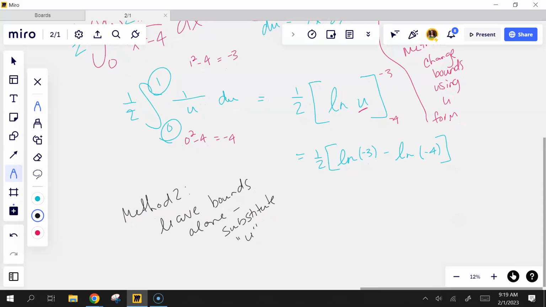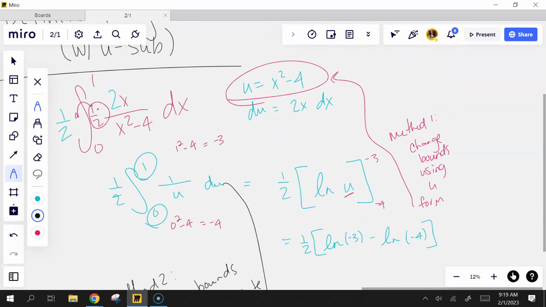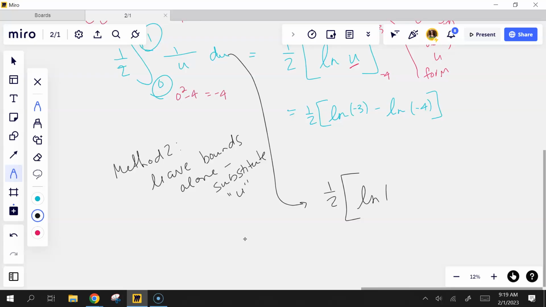So what I mean by that is, here I would have 1/2 times, I'm not going to do log of u, I'm going to go back. What was u? u was x squared minus 4, from 0 to 1.